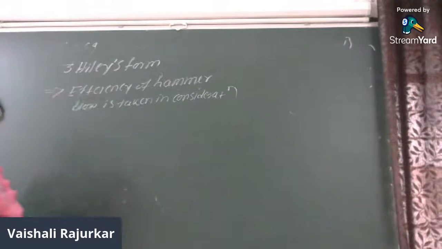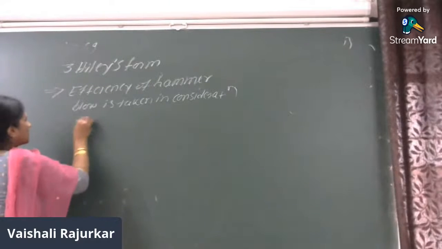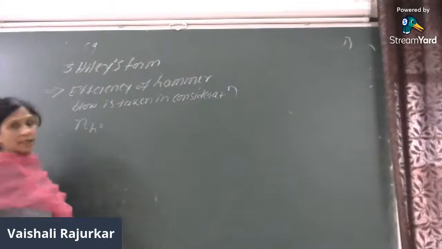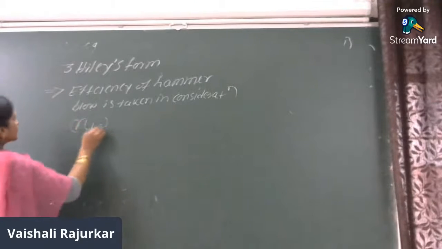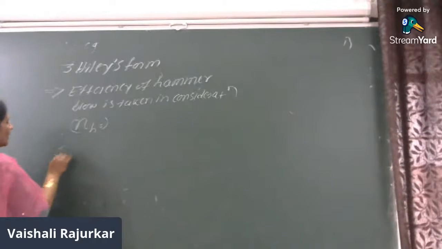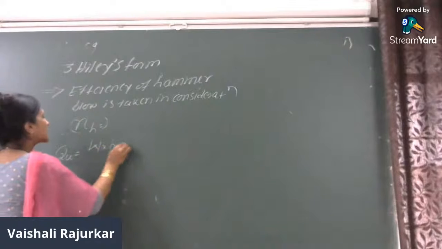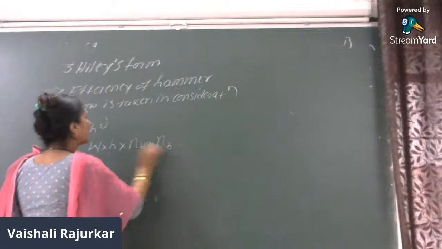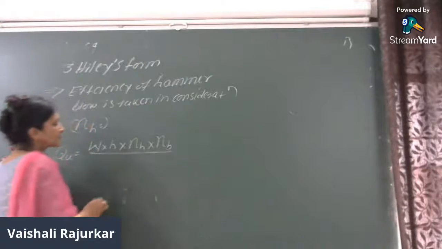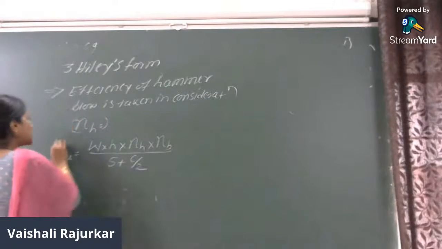Hammer blow is taken into consideration, and that is efficiency of hammer blow. Therefore the equation is Qu is equal to W into H into efficiency of hammer into efficiency of hammer blow upon S plus C by 2. S plus C by 2.